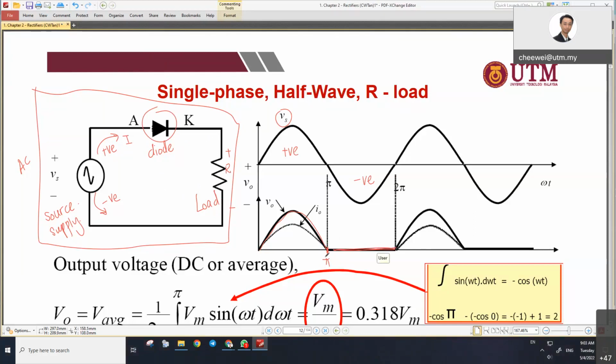That's why from pi to 2 pi, the output is zero. No voltage. The current is zero because it's an open circuit. The output voltage is also zero.